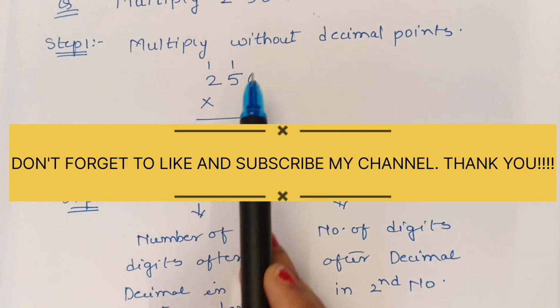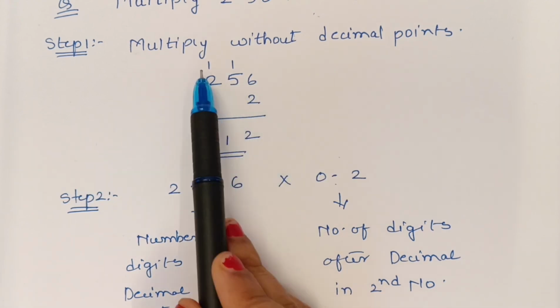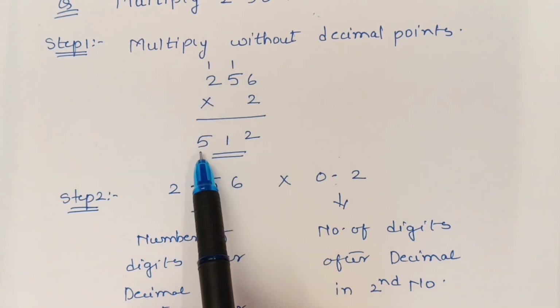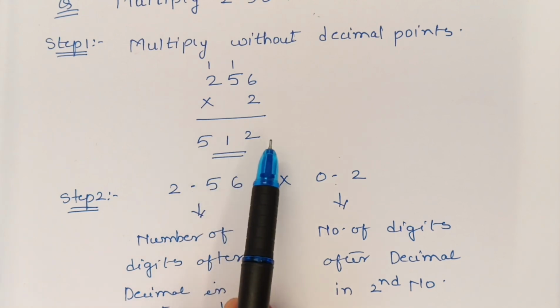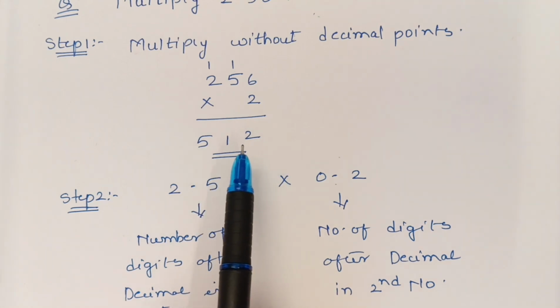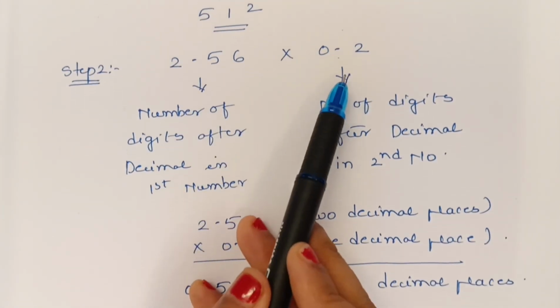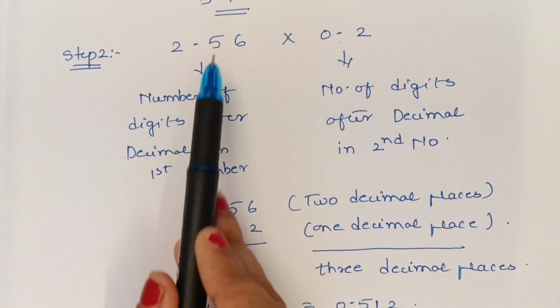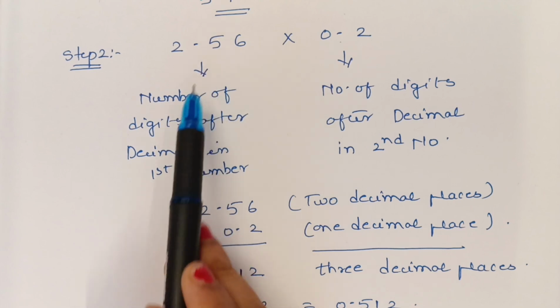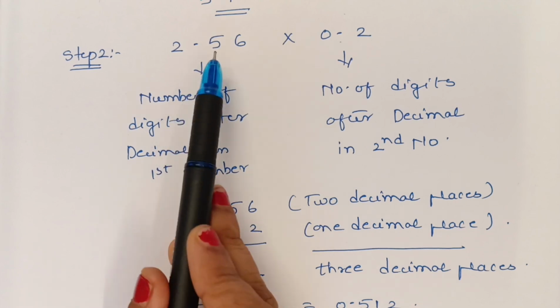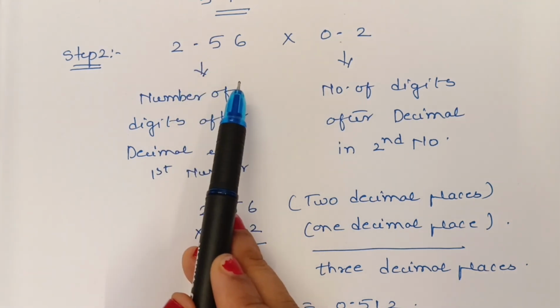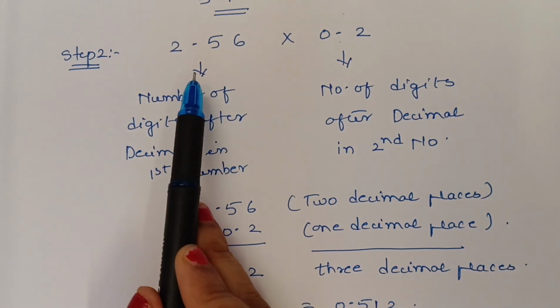The answer I got: 6 2s are 12, 5 2s are 10, 11, 2 2s are 4, 5. So I got 512. Now in step 2, this is your first part and second part when you multiply. Now you have to count the number of digits after the decimal.